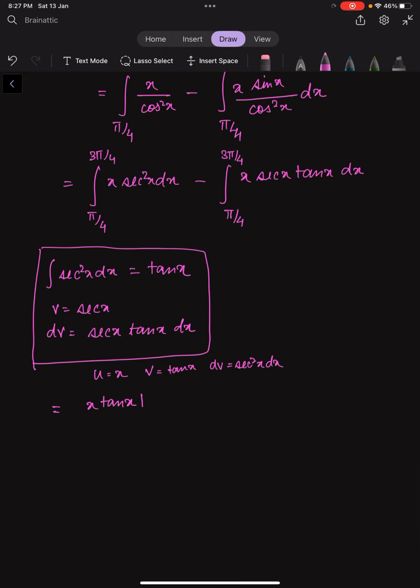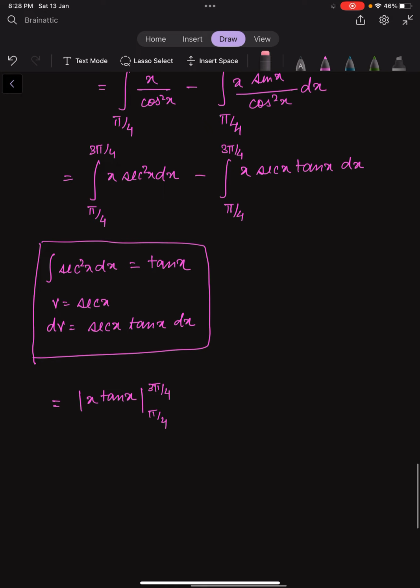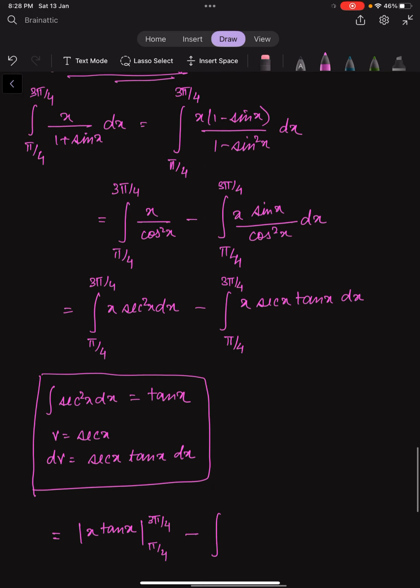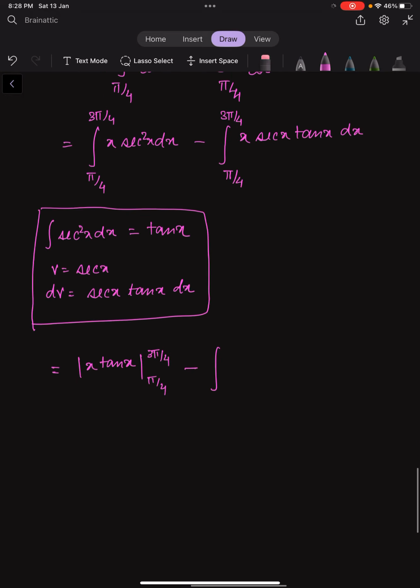So for the first expression, we have x tan x from pi by 4 to 3 pi by 4. Following it up, we'll have the integral of v du. We have already found that v is nothing but tan x, and dx. This range will be from pi by 4 to 3 pi by 4.